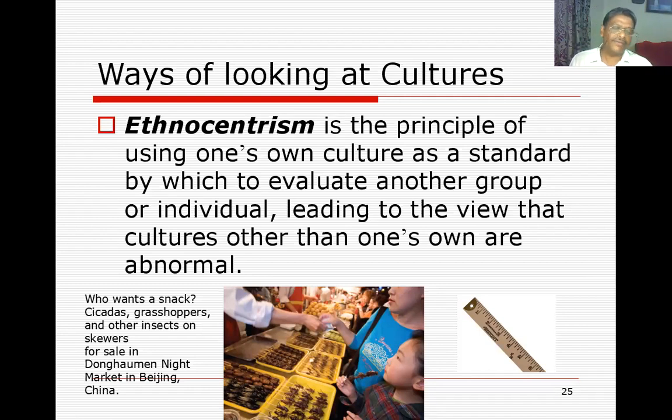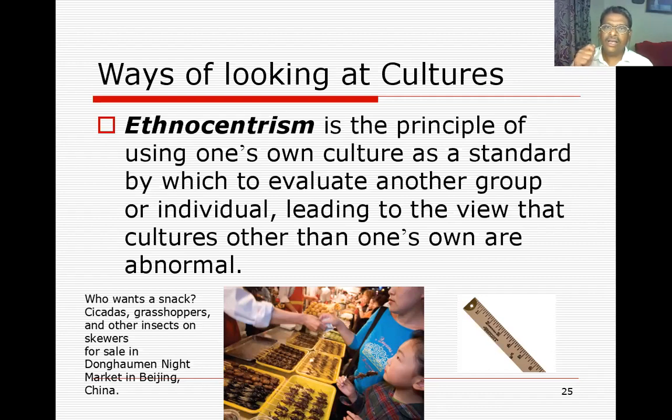Mostly, Western Christianity falls into this ethnocentrism. What is ethnocentrism? It is the principle of using one's own culture as a standard by which to evaluate another group or individual, leading to the view that cultures other than one's own are abnormal.